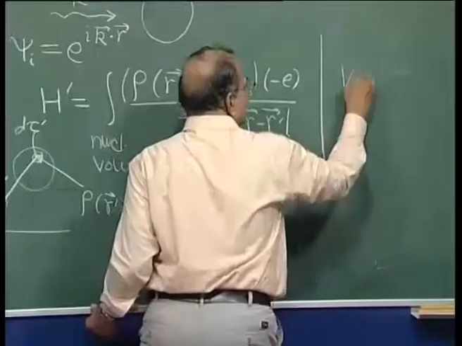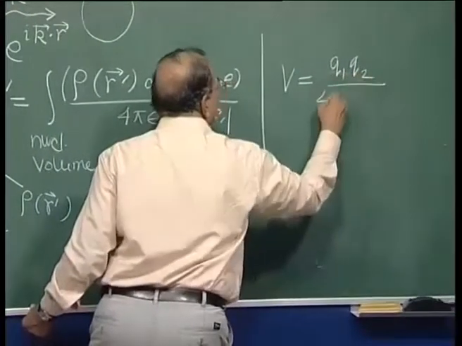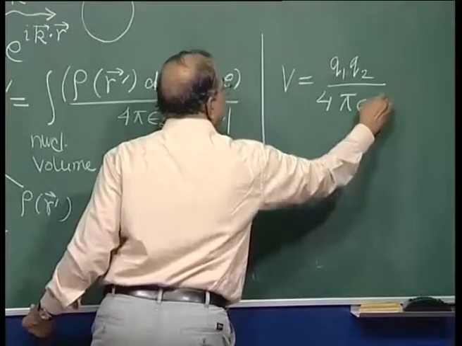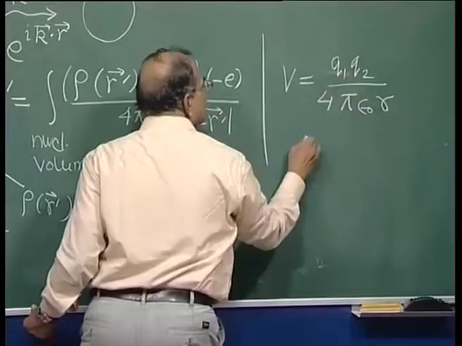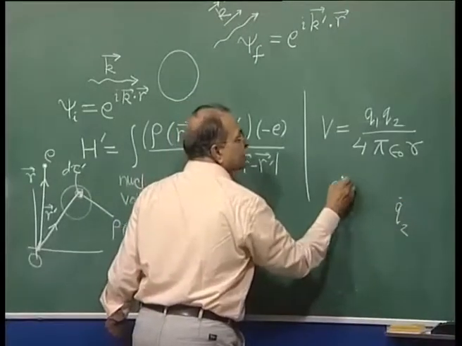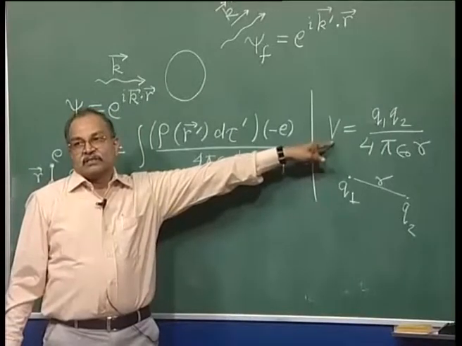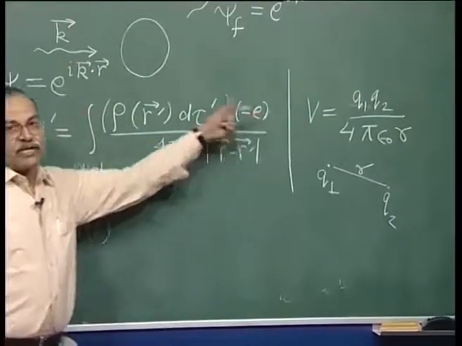Okay. Remember that V is q1 q2 by 4 pi epsilon naught r. r is the distance between this q1 and q2. If you have a charge here, and the distance is r, this is the potential energy. So, that is what I am trying to write here.